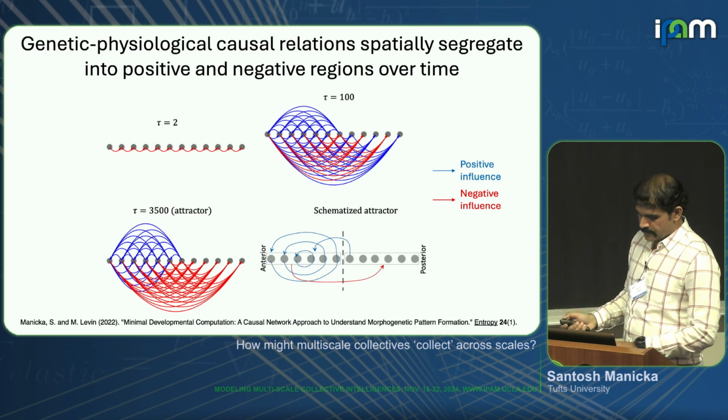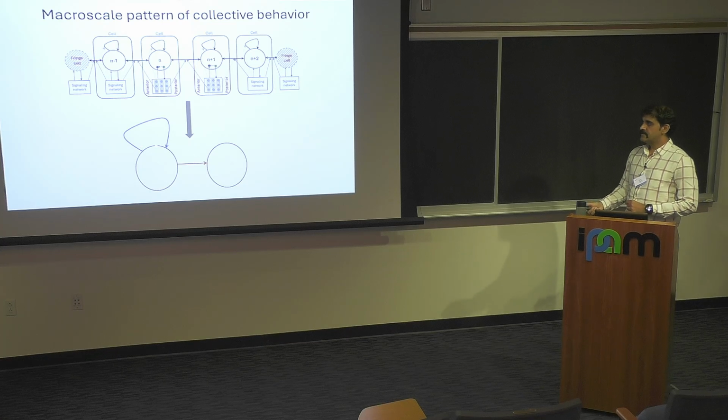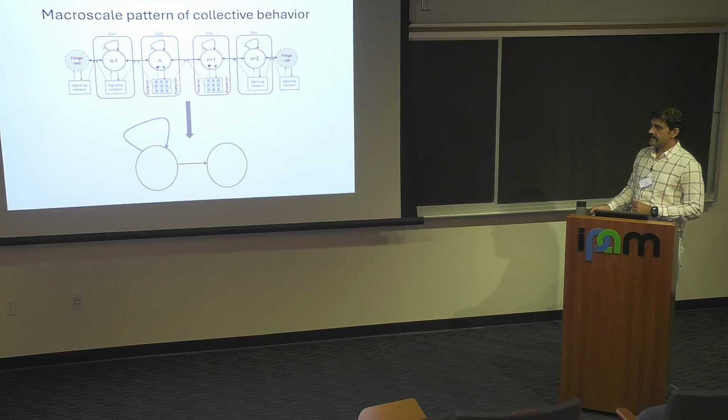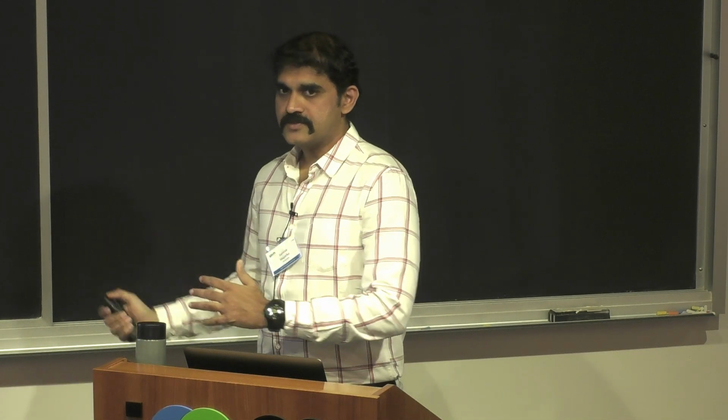So this complicated network basically boils down to this coarse-grained network, where you see this super cell representing the anterior half that positively influences itself, and it negatively influences the posterior half of the network. And this we can understand, right?